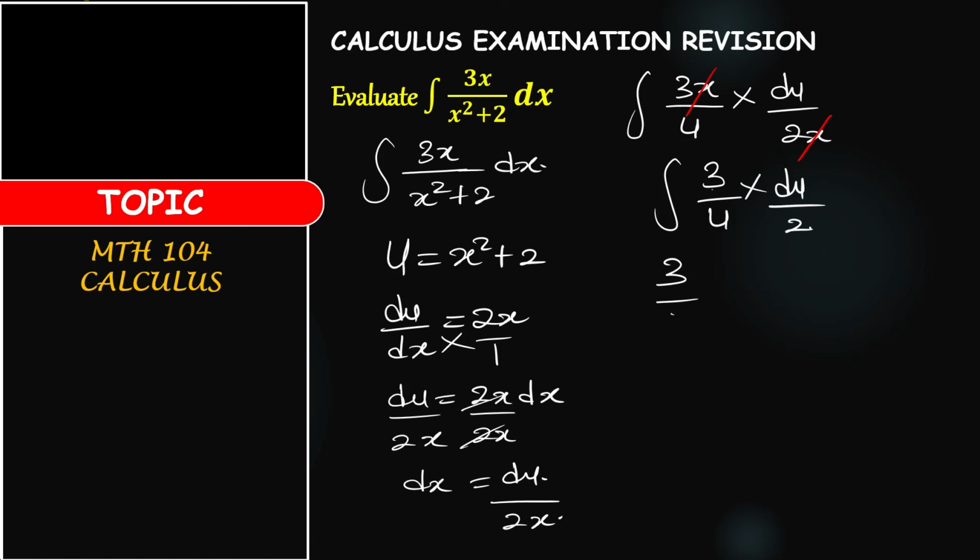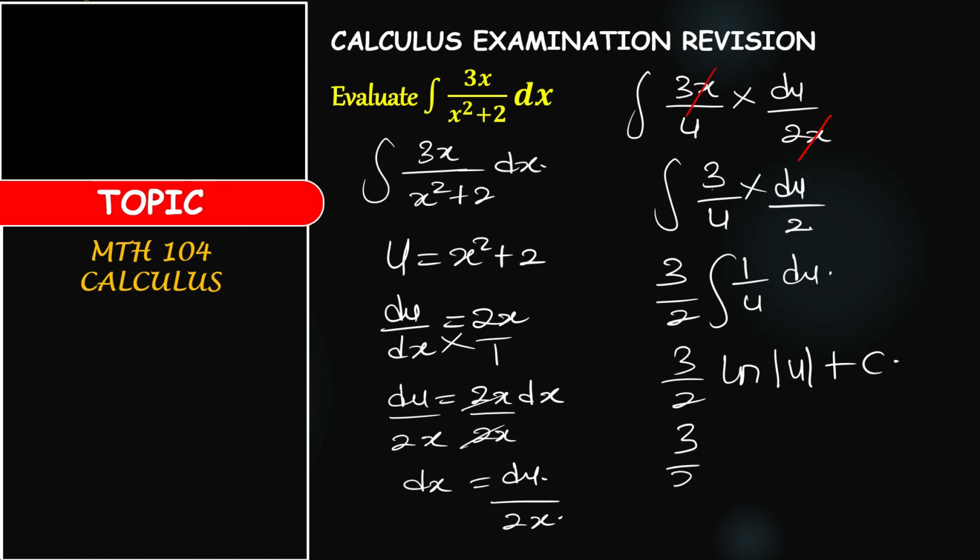Take this 2 out, 2. So you have integral. What will be left here? 1 over u du. Now, integral of 1 over u is the natural logarithm of the absolute value of u, plus c. So 3 over 2, and then u is what? s squared plus 2 plus c. And that is the correct answer.